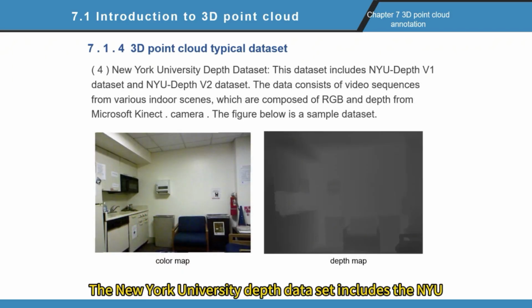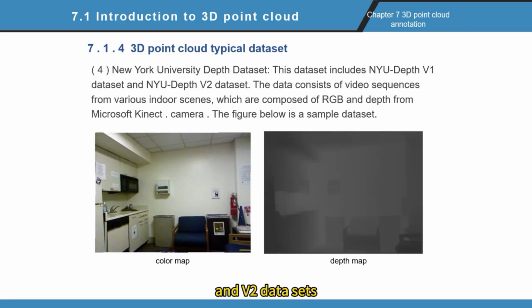The New York University Depth Dataset includes the NYU Depth V1 and V2 datasets. The data consists of video sequences from various indoor scenes, composed of RGB and depth from a Microsoft Kinect camera. The figure shows a sample of this dataset.